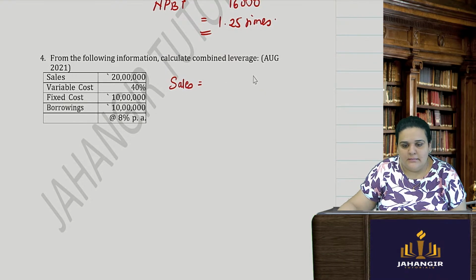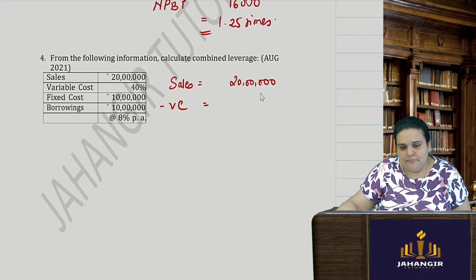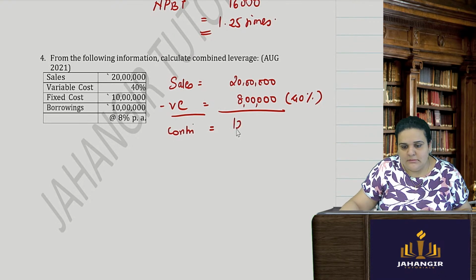Sales is 20 lakhs. It is very easy for me to make this income statement and then do everything. Variable cost at the rate of 40%. Okay. So 8 lakhs. So my contribution is 12 lakhs, minus my fixed cost 10 lakhs.